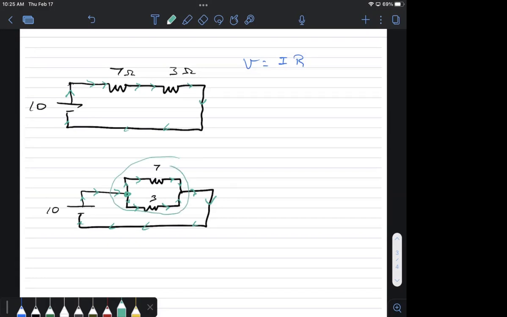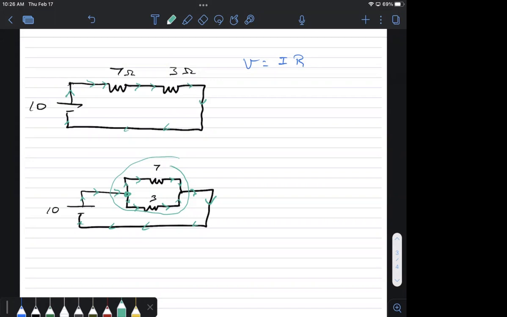If we look at a single electron, that single electron either goes through the 7 or it goes through the 3, but it never goes through both. The first circuit, every electron went through both resistors. The second circuit, any single electron only goes through one or the other. Some of them will go through the 7, some of them will go through the 3.